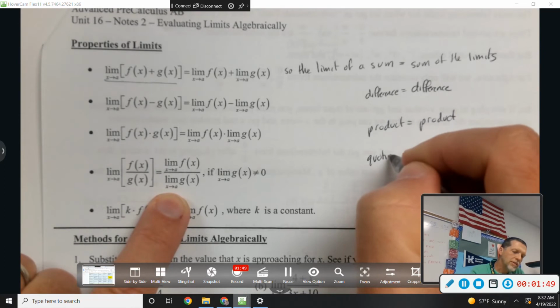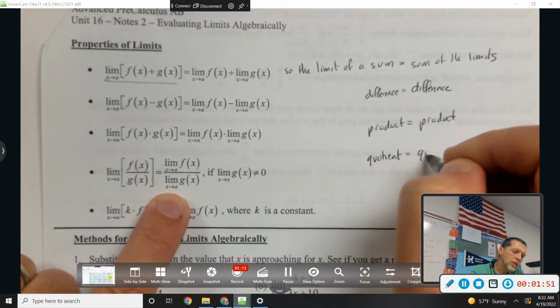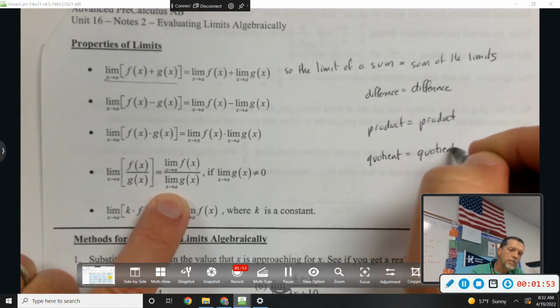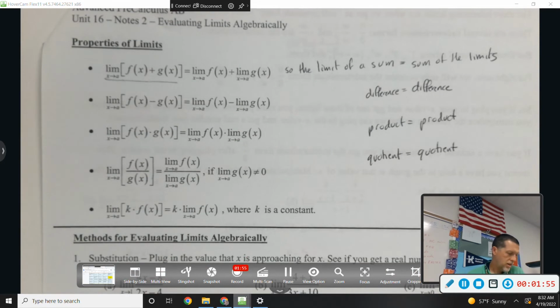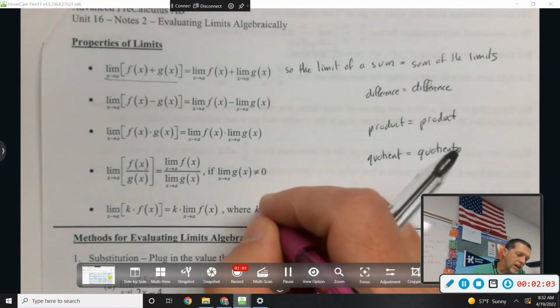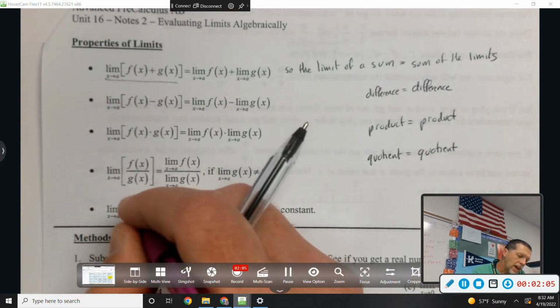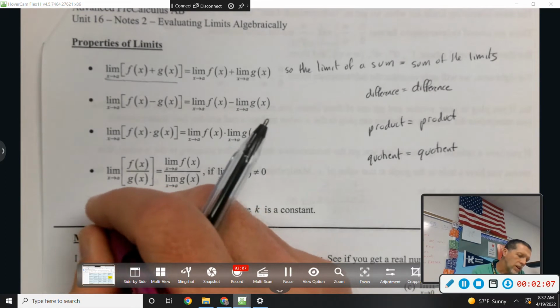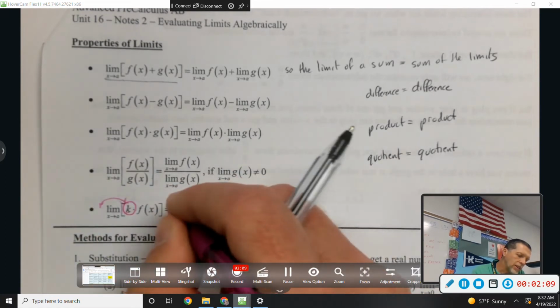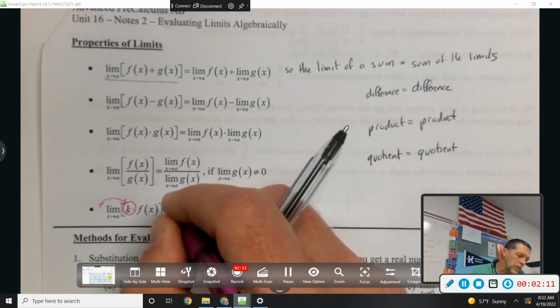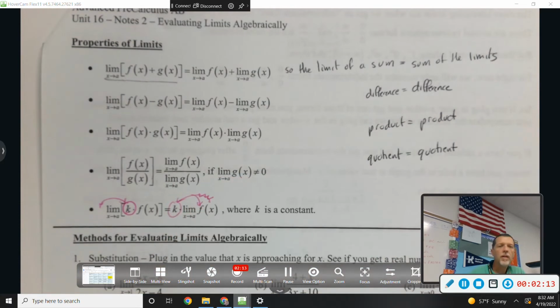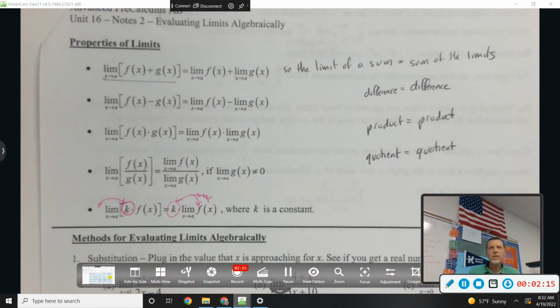The limit of a quotient is the quotient of the limits. And I guess there's not as cute of a way to say this last one, but if there's just a constant, then that k can go inside or outside the limit. It doesn't matter where you put it. That seems like it should work. Like you could slide the multiplier in and out.